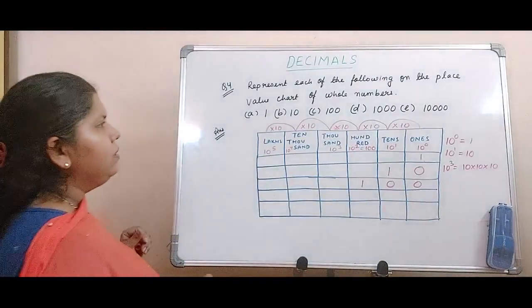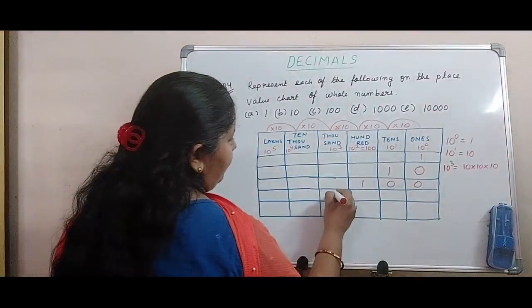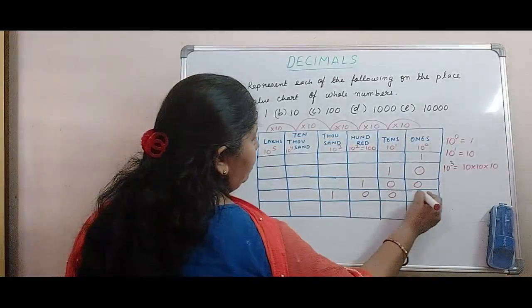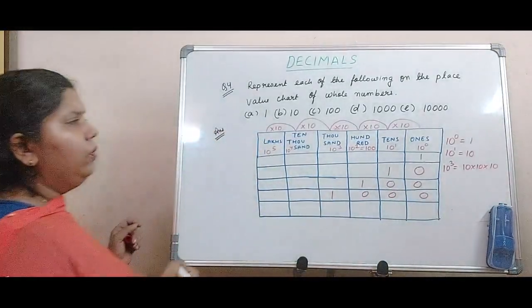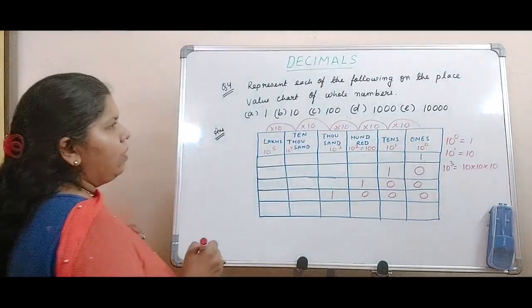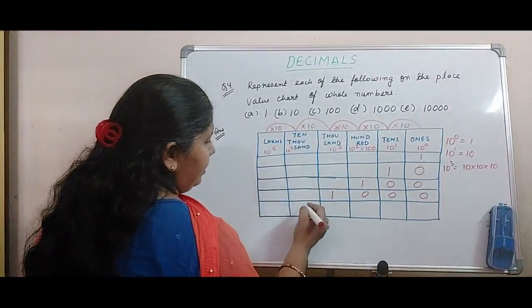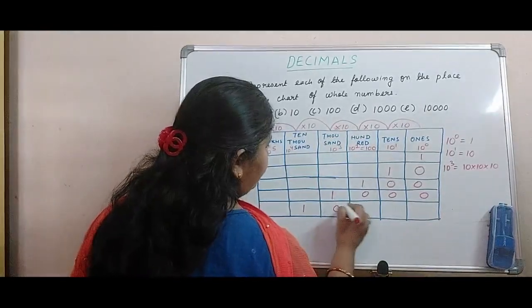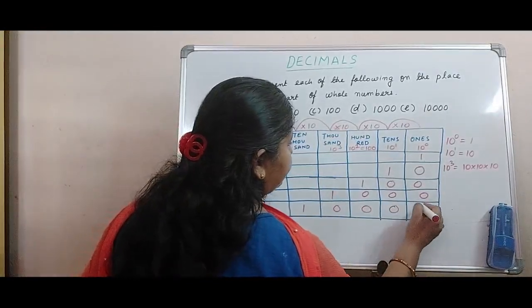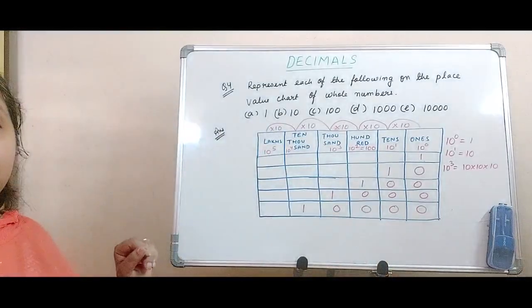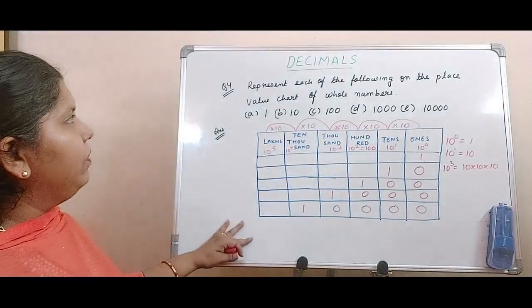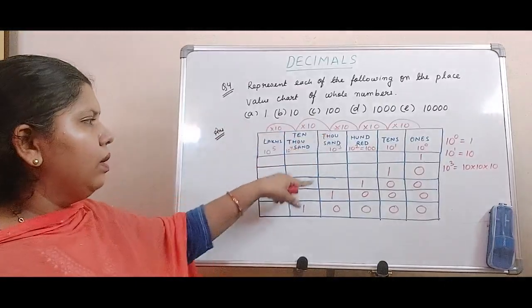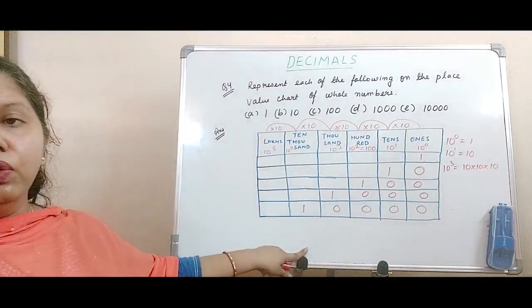After that 1000, the 1 will come under the thousands place and 0, 0, 0. Then you have 10,000, where the 1 will be under the ten thousands place, followed by 4 zeros. I hope everyone is clear with this part. So this is how we have represented these whole numbers on our place value chart.